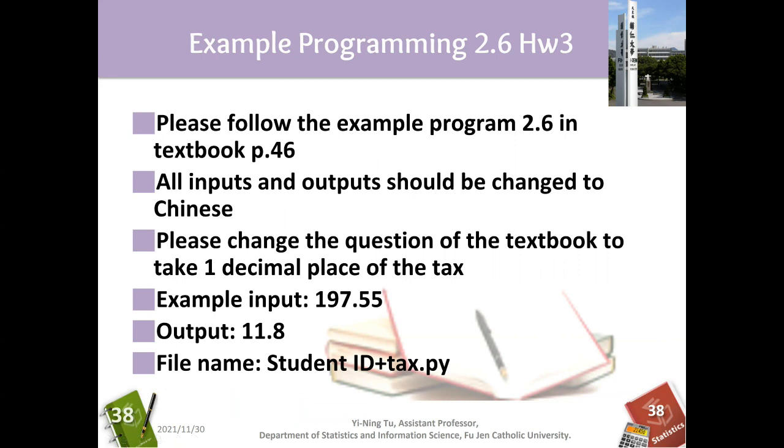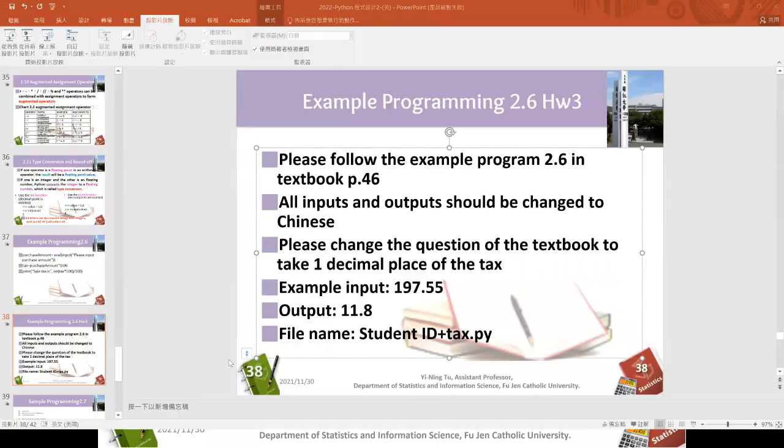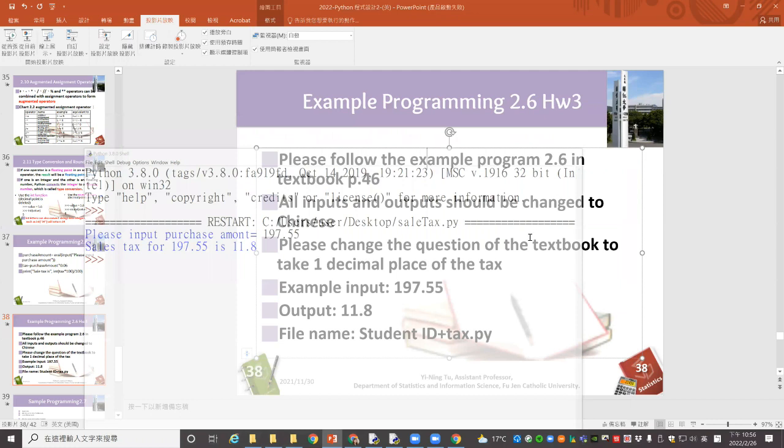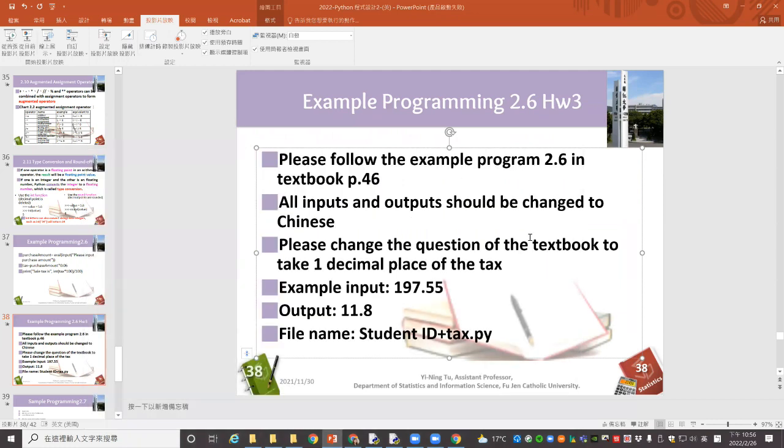For example, the English part here, you can say 请输入购买金额, something like that. And the sales tax, 销售税. Yeah, you can translate by yourself. I think the translations may not be quite identical to each other, so I want you to do that by yourself, okay?